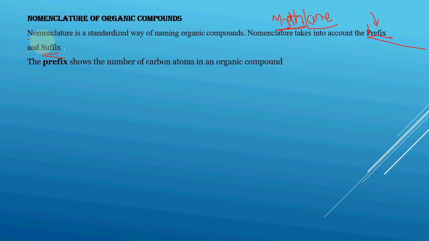So we're simply saying the nomenclature takes into account two things, the prefix and the suffix. And in this case we're saying the prefix is the first part of the word. So every word of my interest, in this case I'm calling their names, the first part of the names of those organic compounds I'm calling the prefix, and it means something in here, and the ending part, which I'm calling the suffix, also means something here.